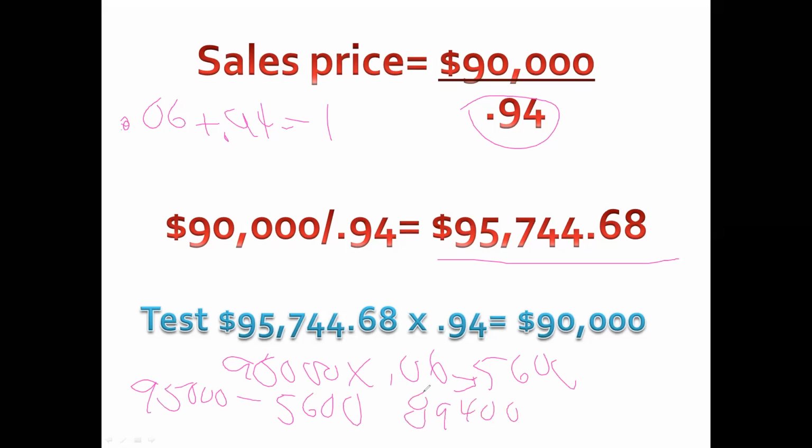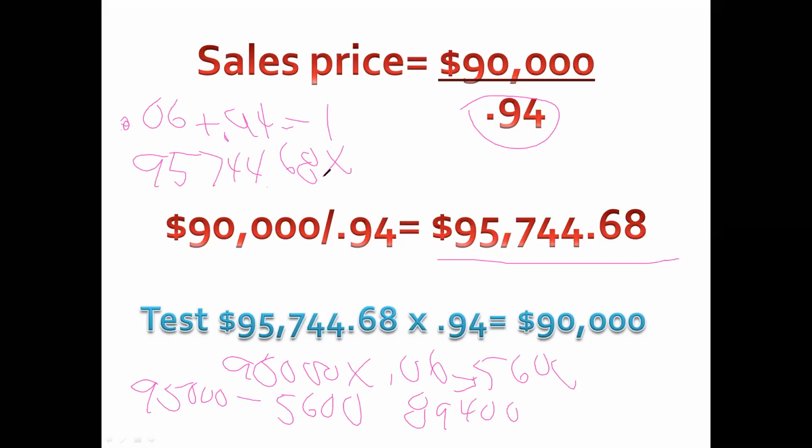So if you just take all the answers backwards and take off the commission, you can see which is the right answer. And so now you're getting to answer number C, which is 95,744.68. And you're going to multiply that times 0.06.